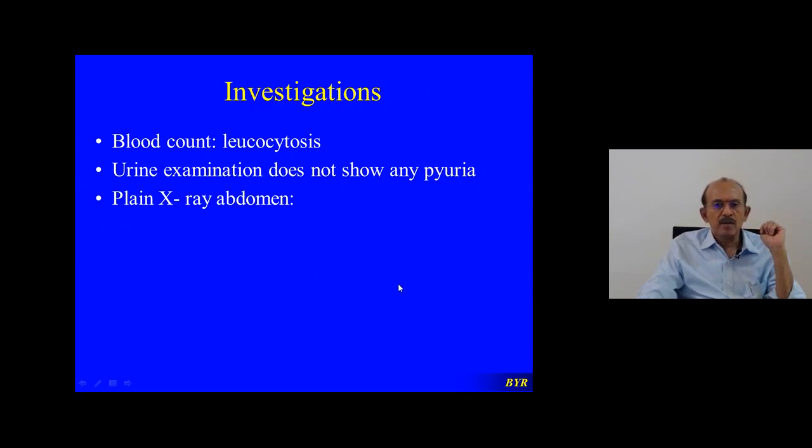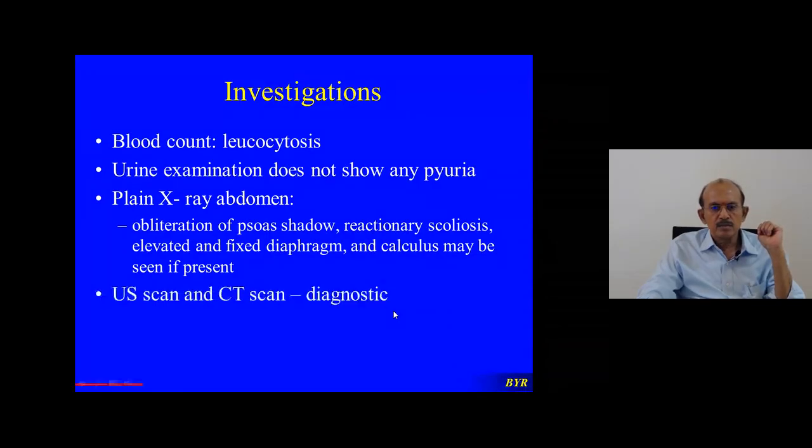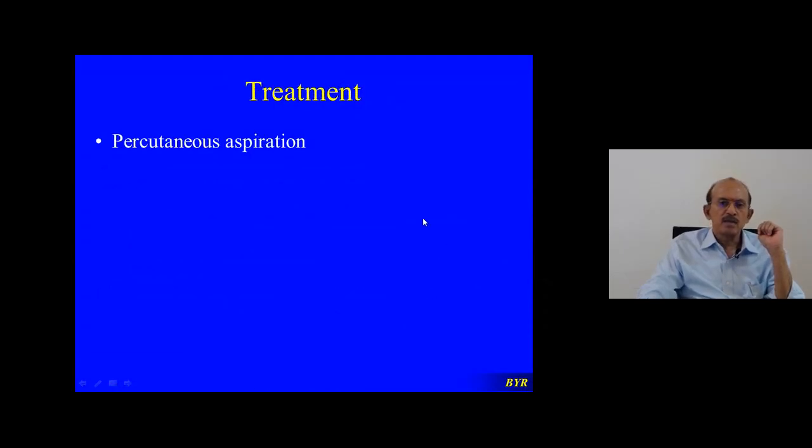Plain X-ray abdomen shows obliteration of psoas shadow, reactionary scoliosis, elevated and fixed diaphragm, and a calculus may be seen if present. Ultrasound scan or CT scan will be diagnostic. Treatment: percutaneous aspiration; if pus is thick, open drainage.